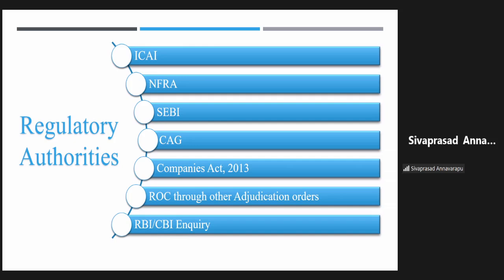And we all know NFRA, an independent body constituted under the Companies Act, which has regulatory oversight on the audit; SEBI, CAG, Companies Act, and MCA, Ministry of Corporate Affairs, RBI. All of these regulatory authorities have the power to verify and check if the audit is done properly or not. And audit documentation is the only way we can defend that the audit has been done properly.